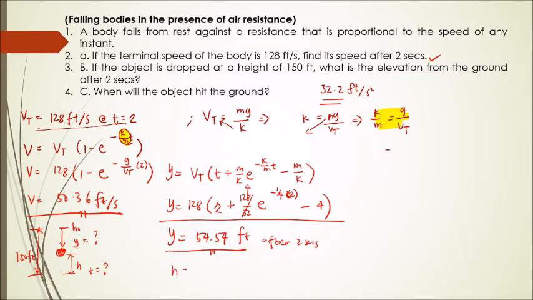So, h equals 150 minus 54.54, that is 95.46 feet. So it is at 95.46 feet. Now, at y equal to 150, meaning it has reached the ground. Y equal to 150. What is the time?